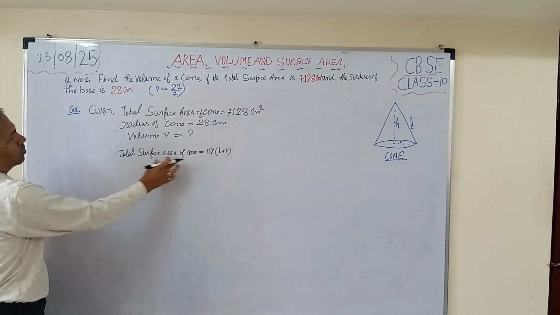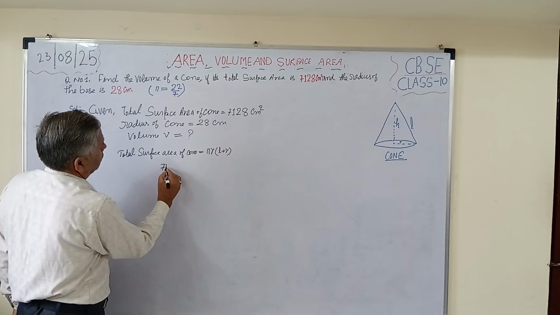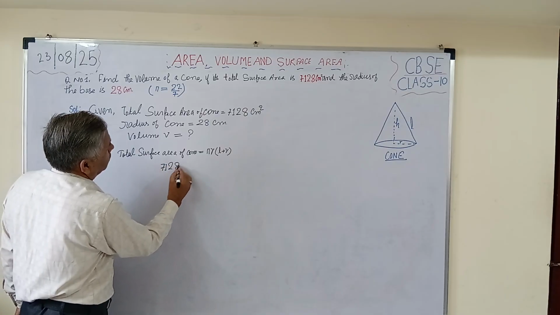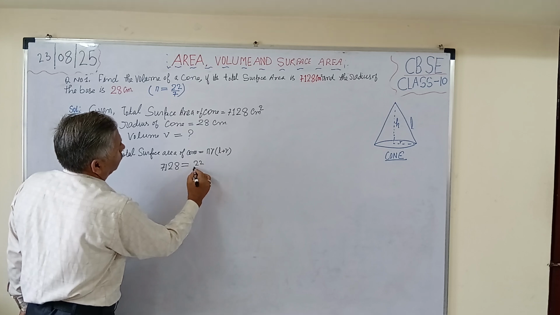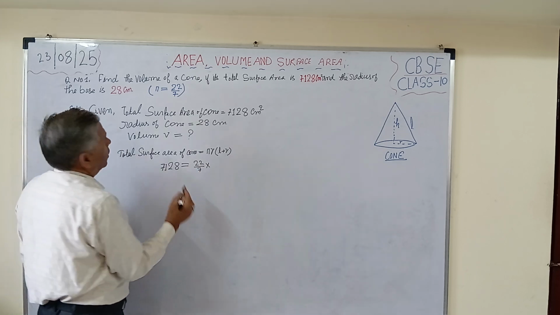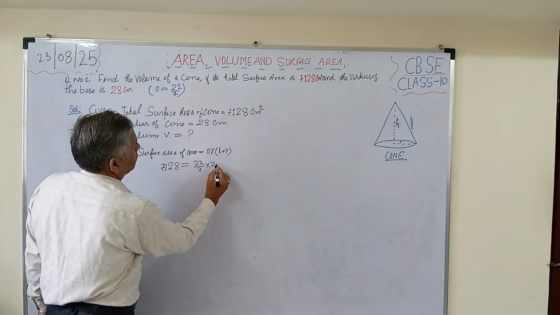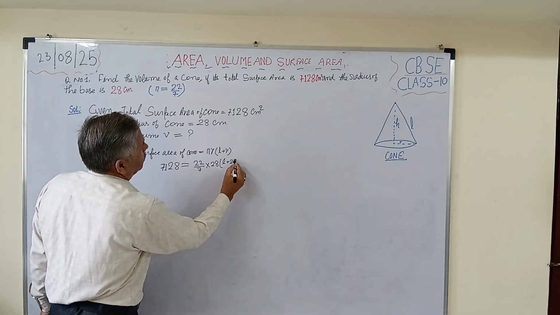So in this case, 7128 equals pi, means 22 by 7, into r, the radius, which is 28, and L plus 28.